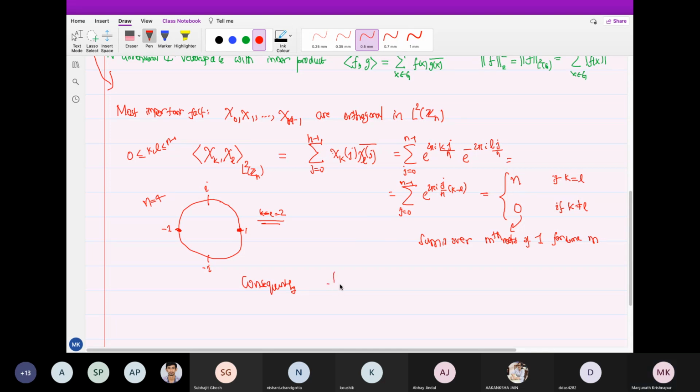So if I take 1 by square root n chi k, it is an orthonormal basis of L2 of G.